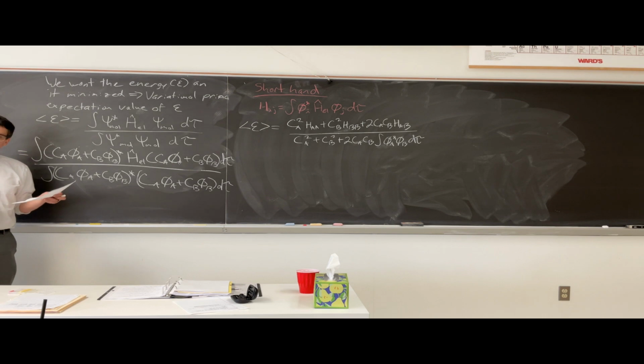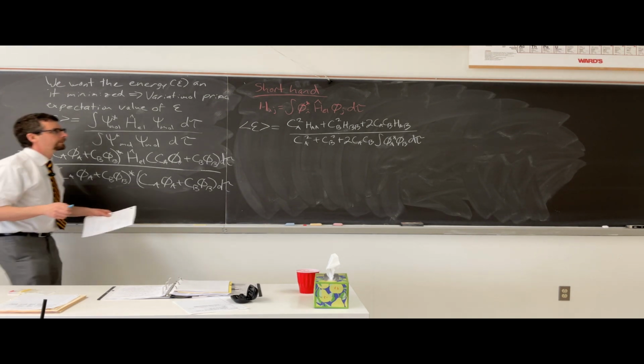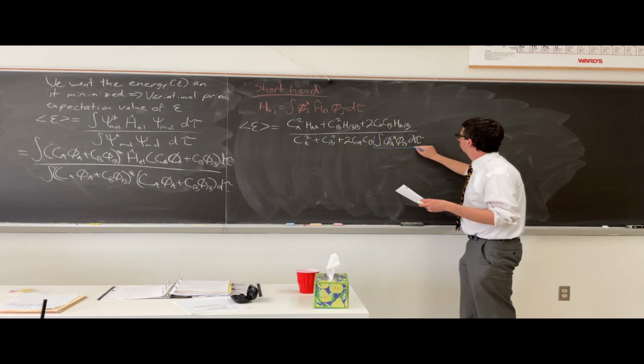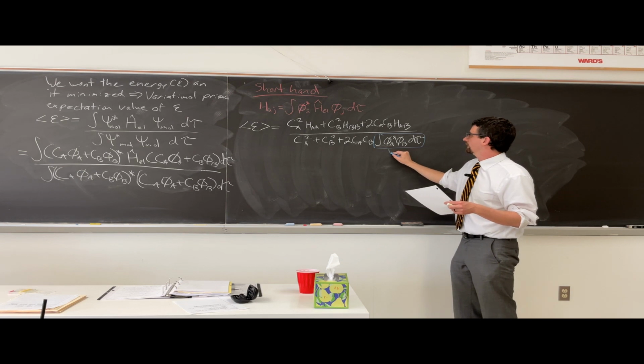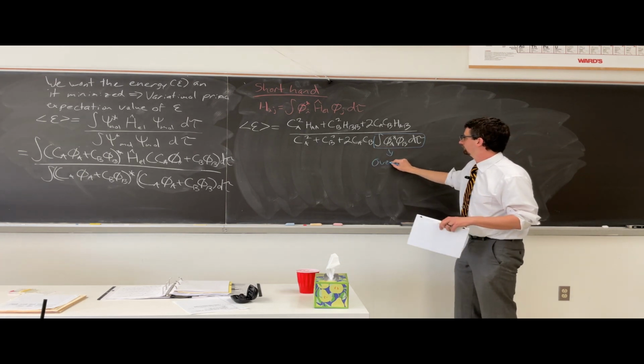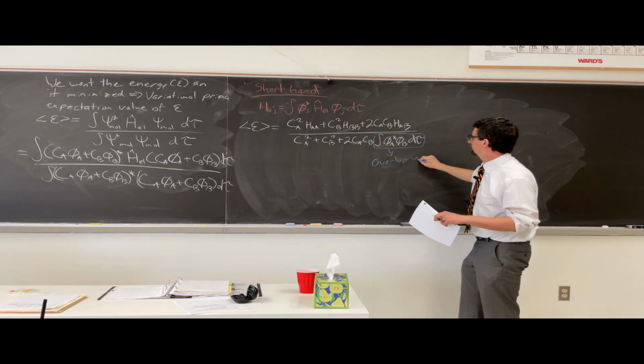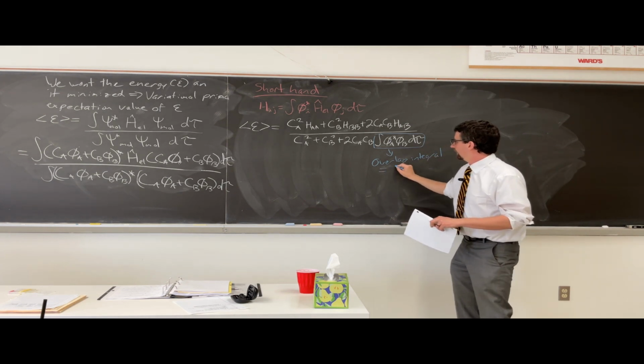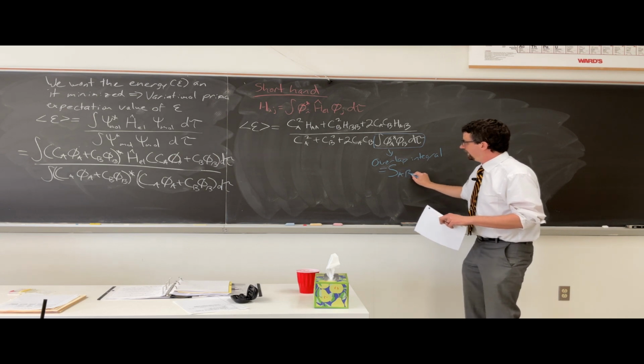We can get something actually meaningful in terms of the bonding now. This little bit right here is known as the overlap integral, and we're going to write a shorthand for it, SAB, like that.